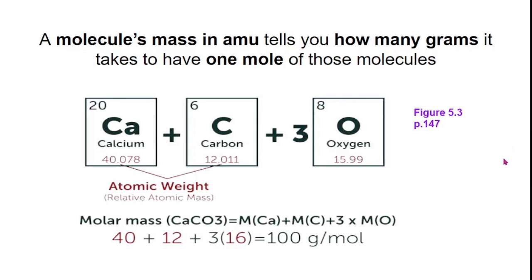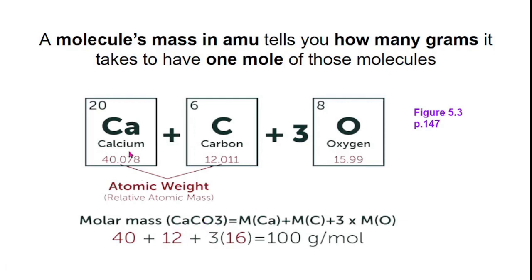Here's another example. So we already talked about figure 5.3 on page 147, but I wanted to go over molecular masses. So this was the second box that you need to memorize and understand, and then we're going to apply it. A molecule's mass in AMUs tells you how many grams it takes to have 1 mole of those molecules. Here is your molecule, calcium carbonate.